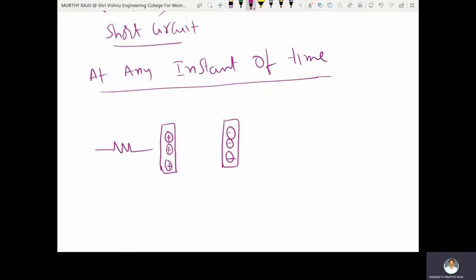Some resistance is also there here. This is the short circuit. The switch is closed.